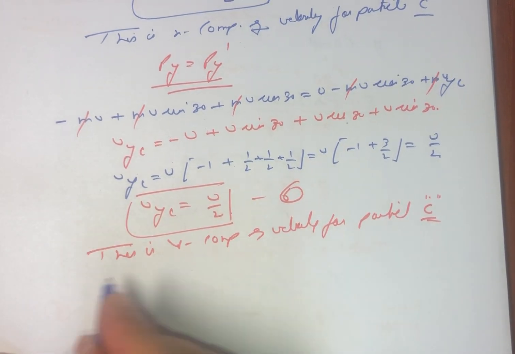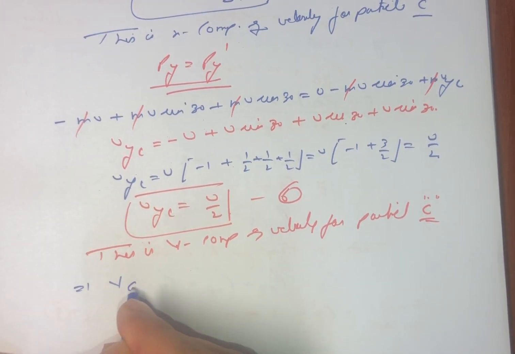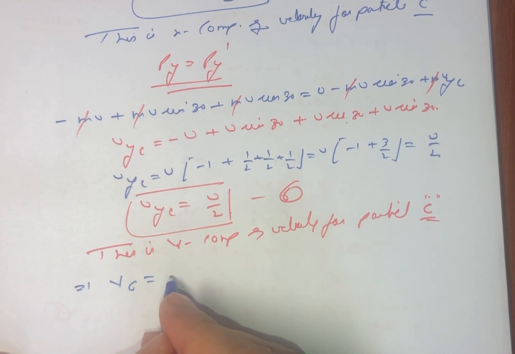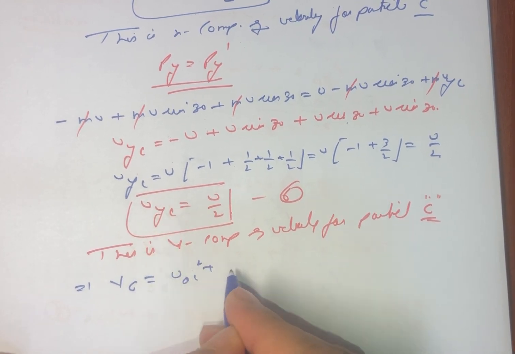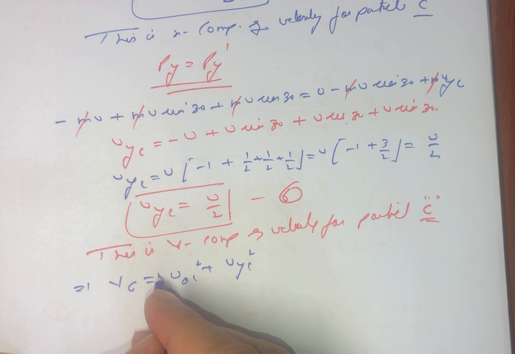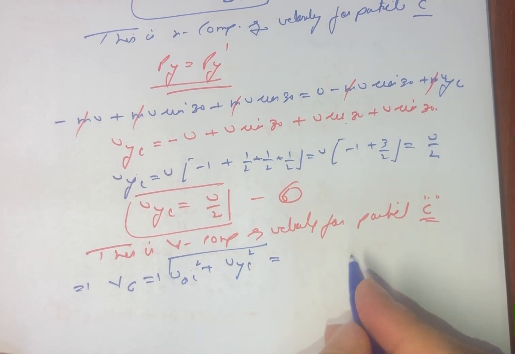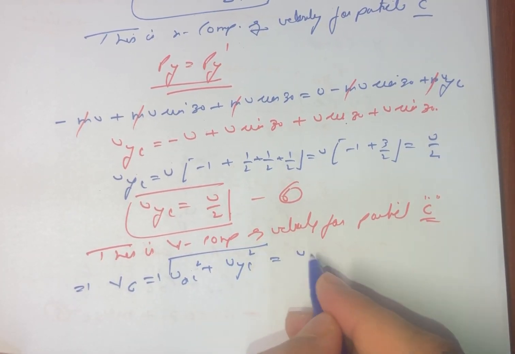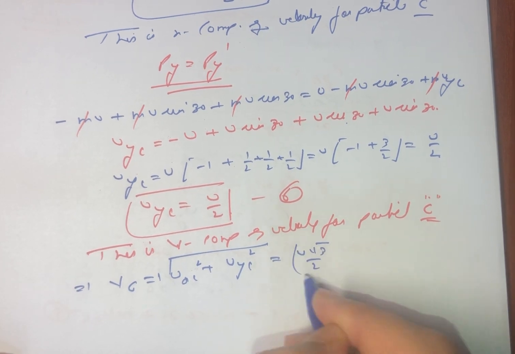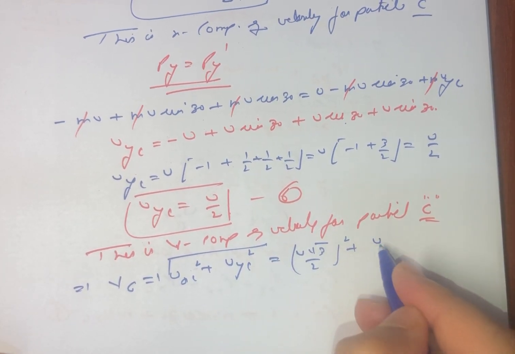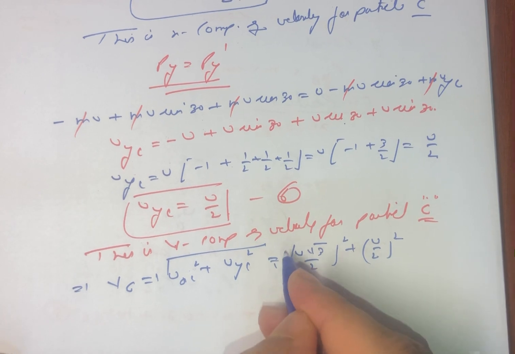Therefore, we can say velocity of particle c will be equal to the square root of its x component squared plus y component squared. So we get v square root of 3 by 2 whole square plus v by 2 whole square, and square root.